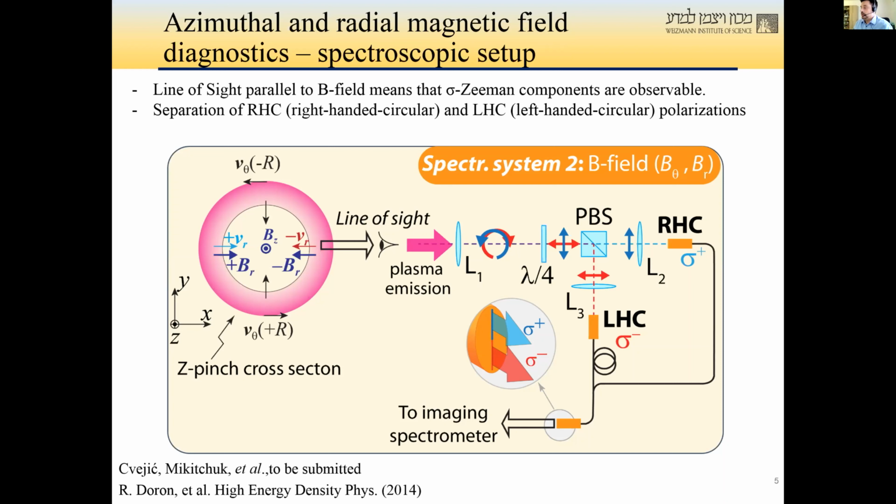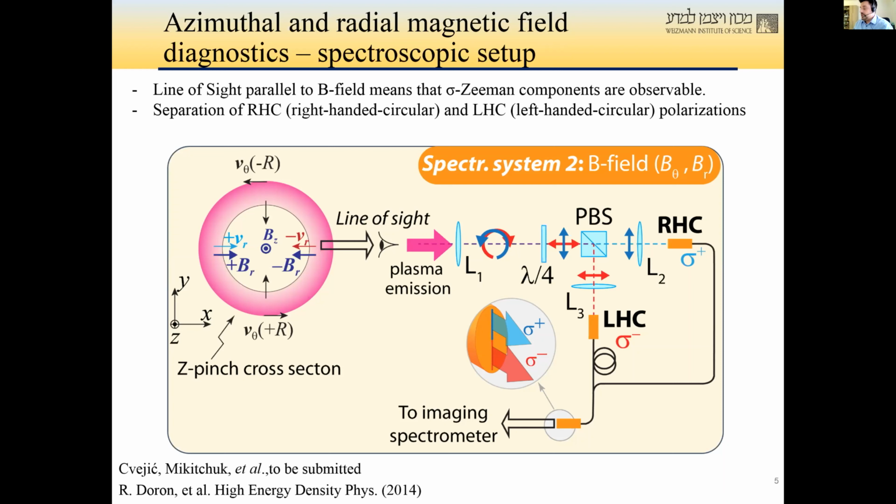Then the orthogonal linear polarizations are separated by the polarizing beam splitter, and then we focus them onto the legs, or ends, of the bifurcated linear fiber array, which are designated here as RHC and LHC channels. The plasma emission at the joint end of the fiber array, containing RHC and LHC plasma emission, is focused on the entrance slit of the imaging spectrometer.